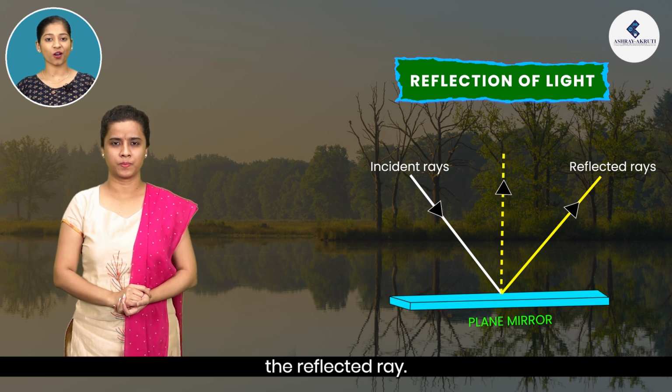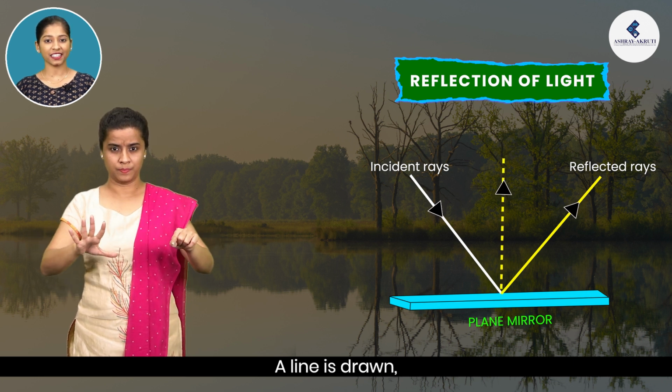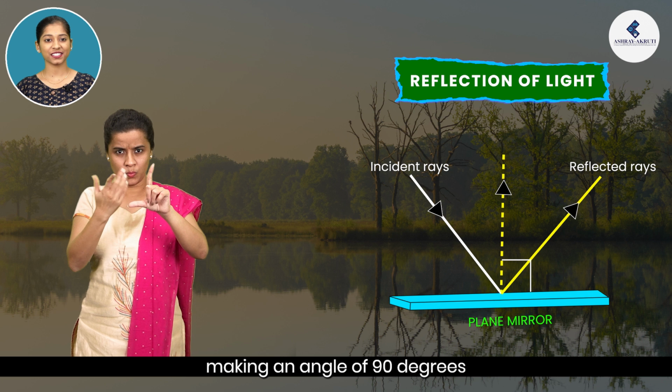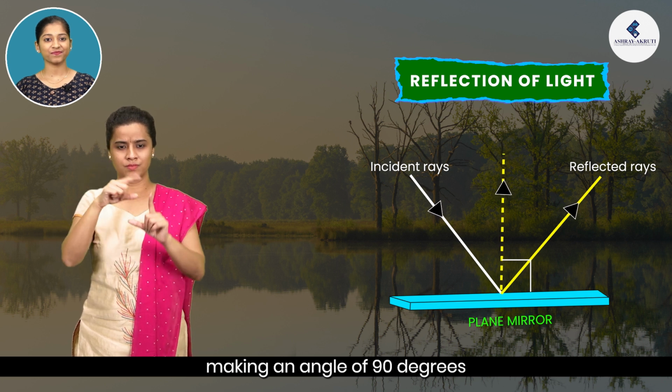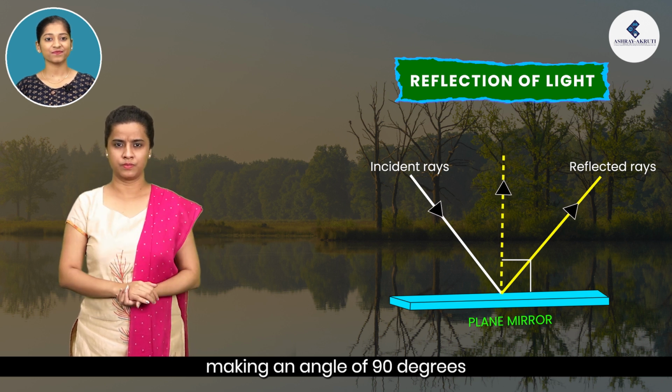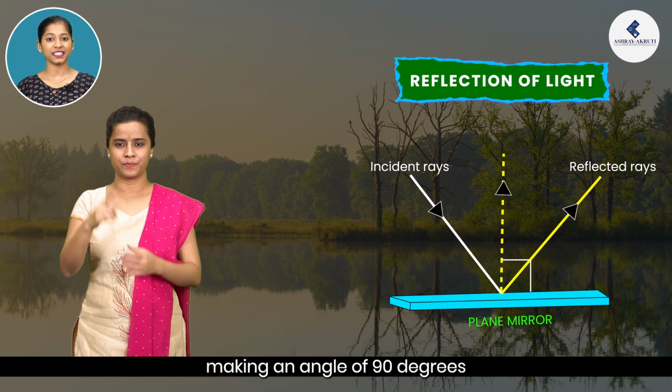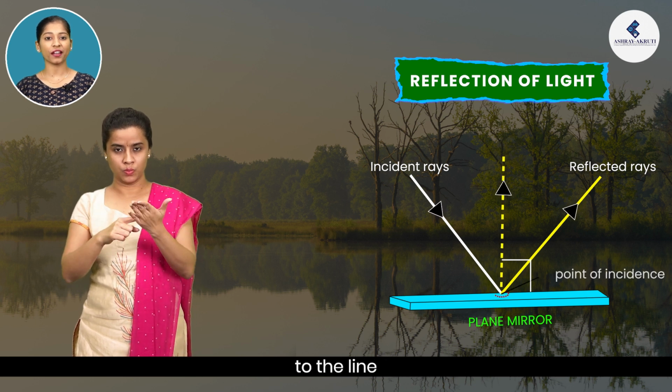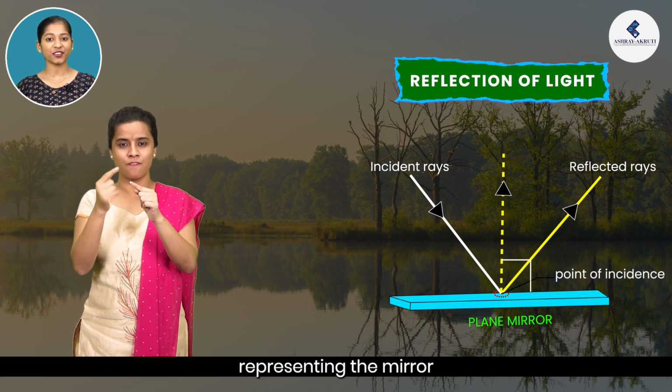A line is drawn making an angle of 90 degrees to the line representing the mirror at the point where the incident ray strikes.